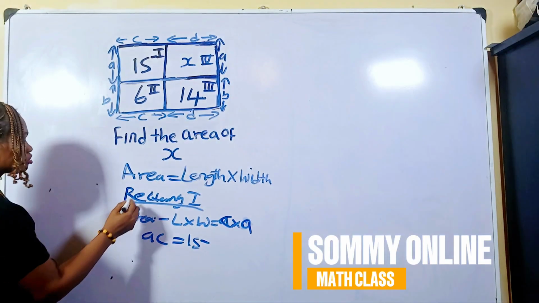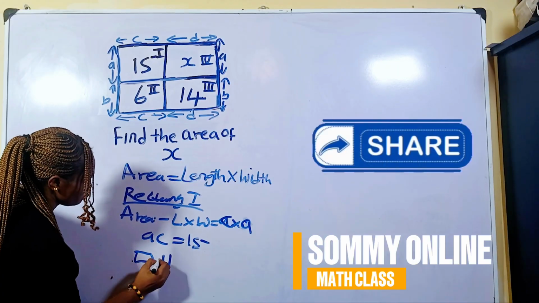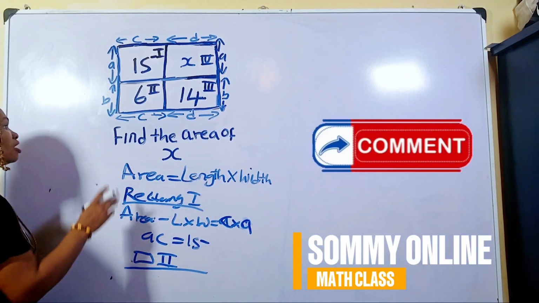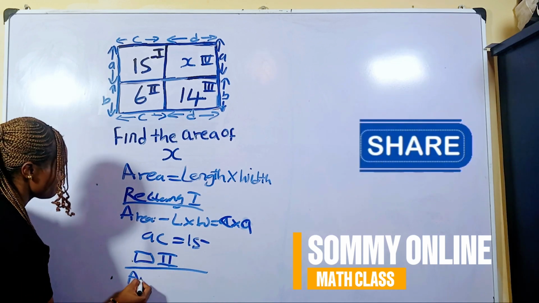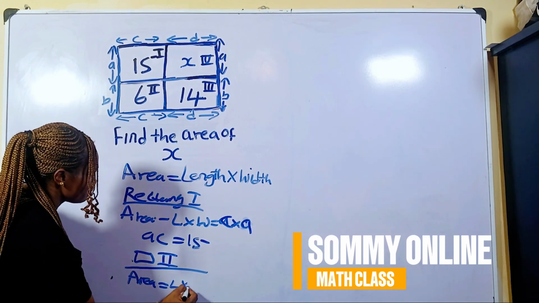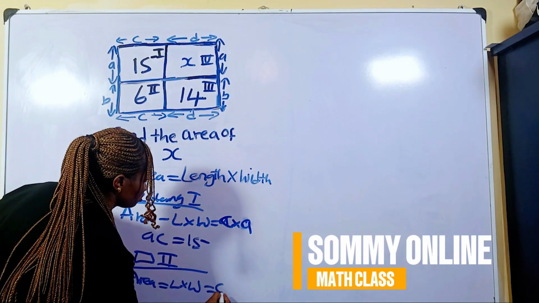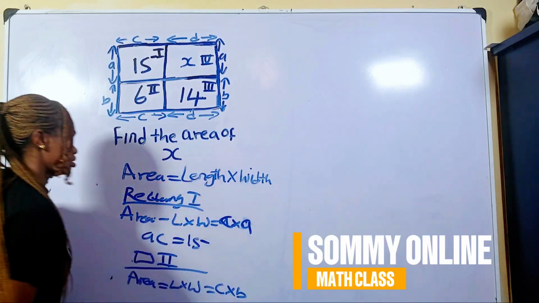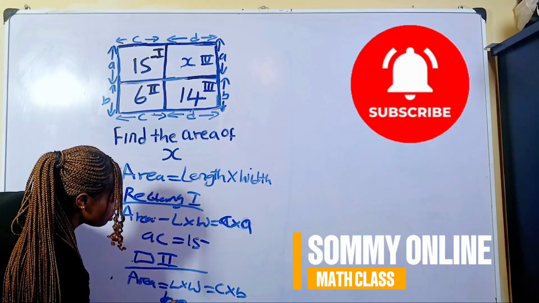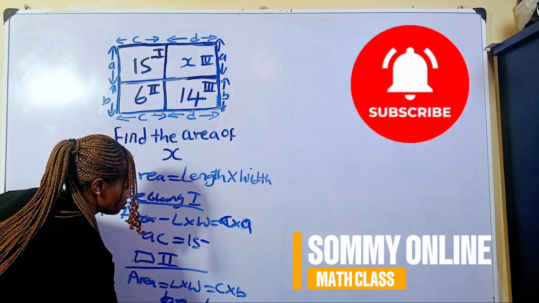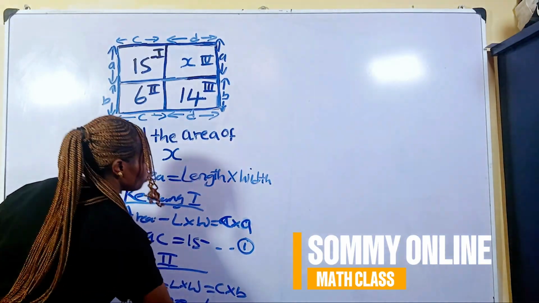So now let's go for rectangle 2. The area of rectangle 2 will be length times width, which will be C multiplied by B, which is the same thing as BC, which equals 6. Let's call this equation 1 and let's call this equation 2.